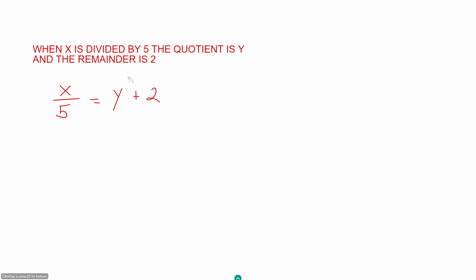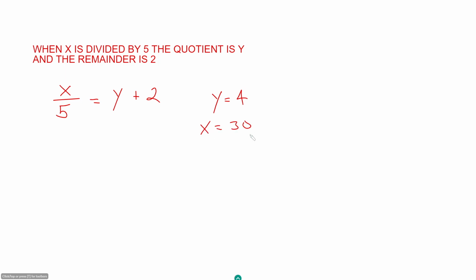One way you can test whether or not this is an accurate translation is you can think of a value for y, and that will give you a value for x, and then see if it makes sense when you plug it into the statement here. So let's say y is equal to 4. So y plus 2 would be equal to 6. So that means x over 5 is equal to 6. And that would mean x is equal to 30.